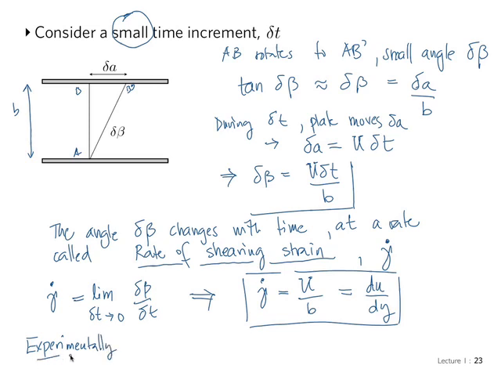Experimentally, it has been found by fluid dynamicists that the shearing stress tau can be related to the rate of shearing strain, and they are proportional to each other. This is an experimentally observed fact. And the constant of proportionality is what we call the viscosity.